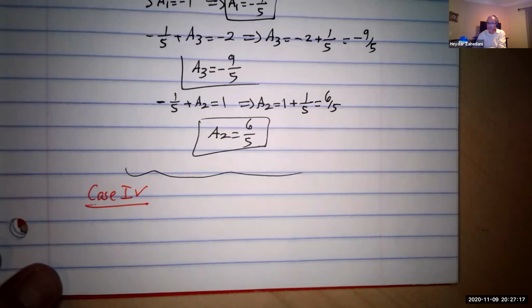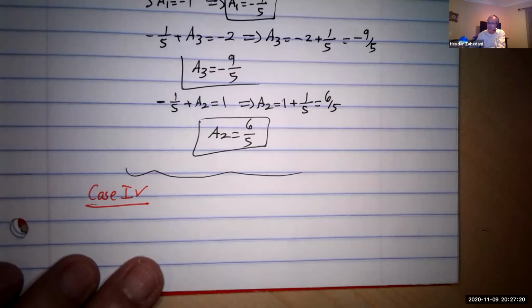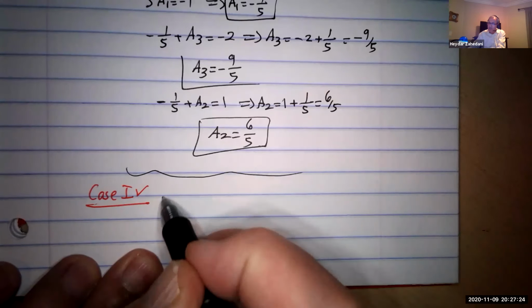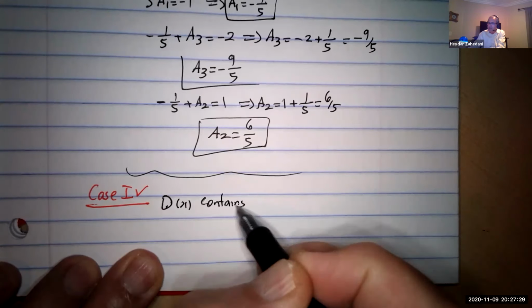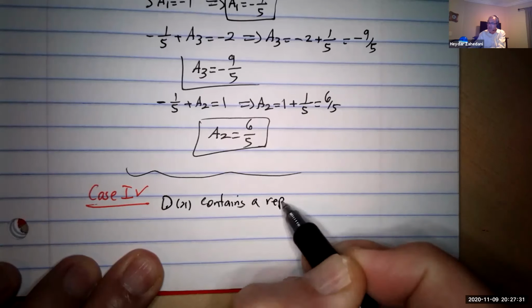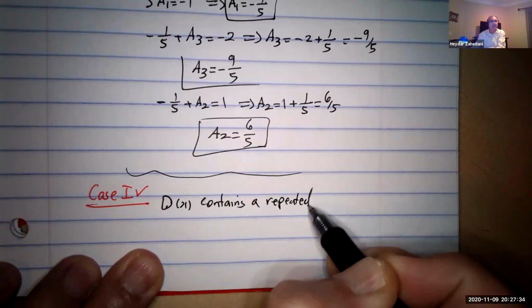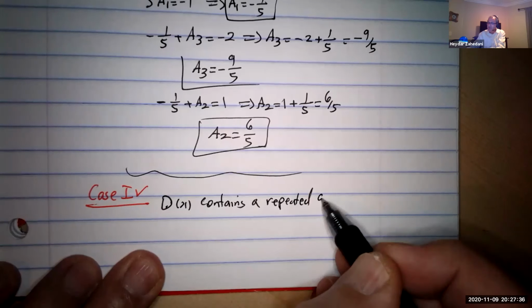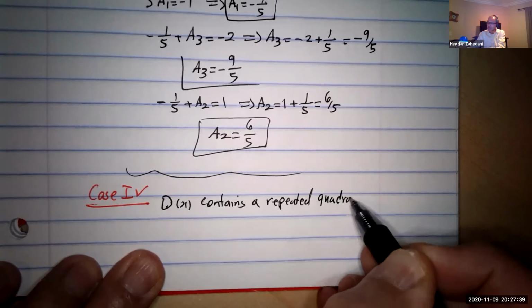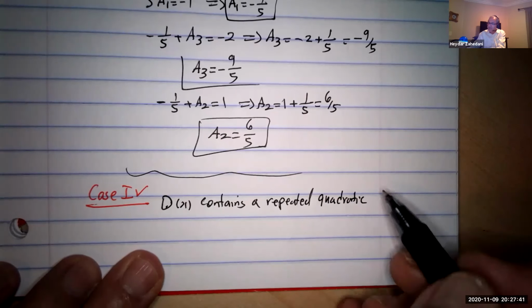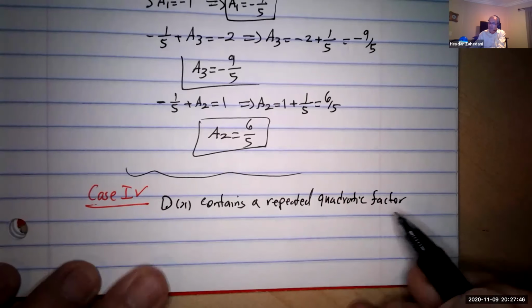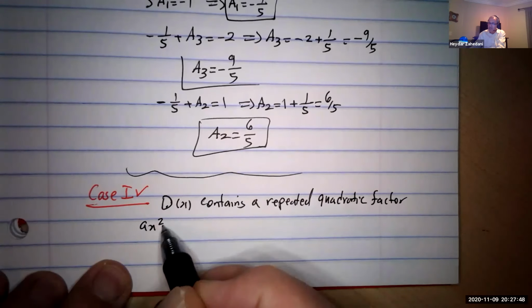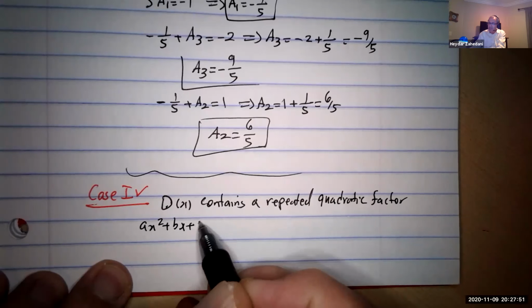Okay, case 4 is that the denominator contains a repeated quadratic factor, let's say ax squared plus bx plus c to the k.